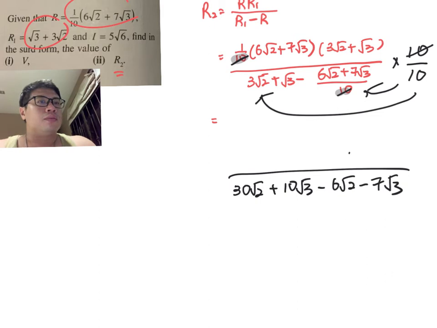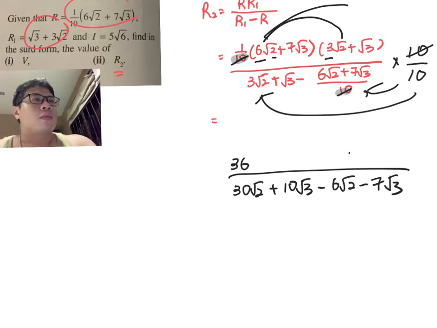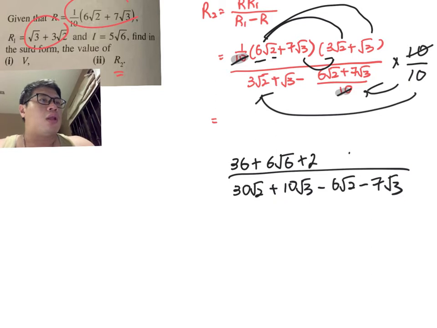For the top, 6 square root 2 times 3 square root 2, 6 times 3 gives you 18, and you end up with 36. Second one, 6 square root 2 times square root 3, you end up with 6 square root 6. Then 7 square root 3 times 3 square root 2, 7 times 3 is 21, square root 3 times square root 2 is square root 6, so 21 square root 6.